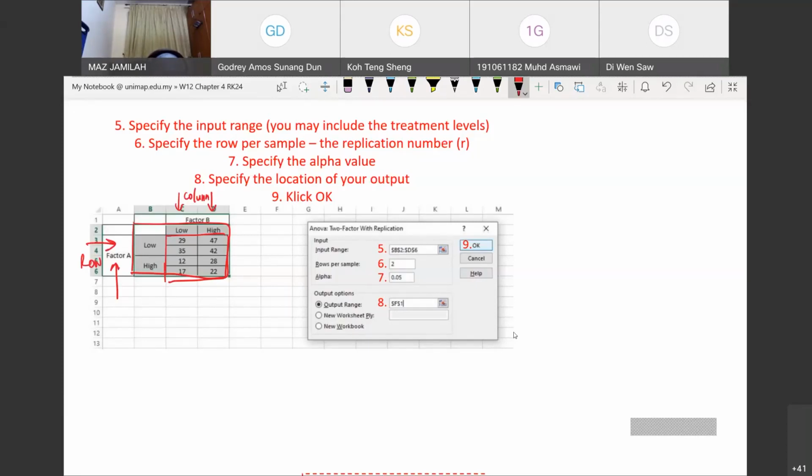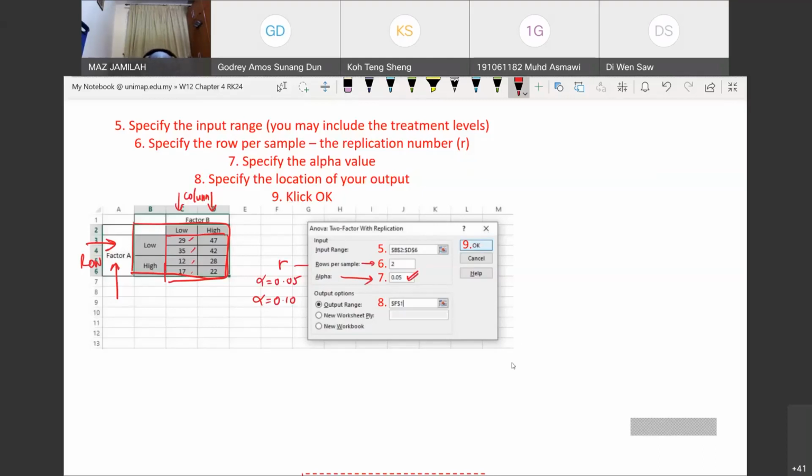For low, we have 1, 2. High, 1, 2. Basically it will be standard. If you have 4, then the rest will be 4. So this is referring to your replication. And your alpha, as usual, if you are using alpha 0.05, make sure here is 0.05. If you are asked for alpha 0.10, then put 0.10 here.